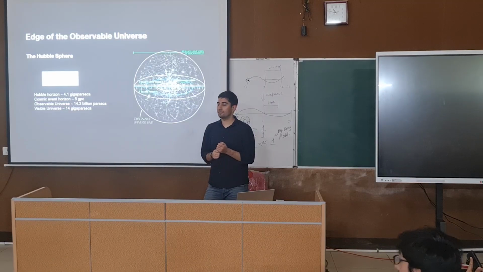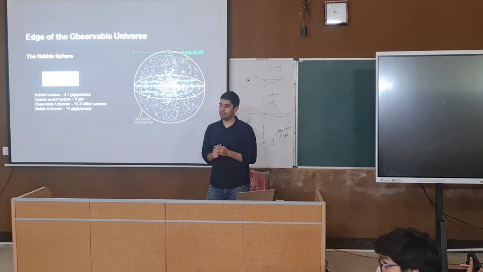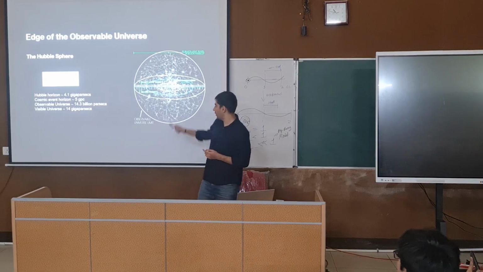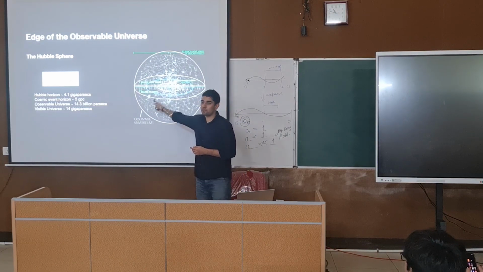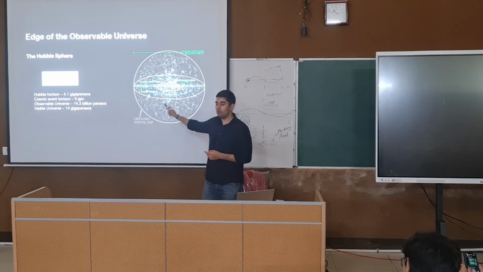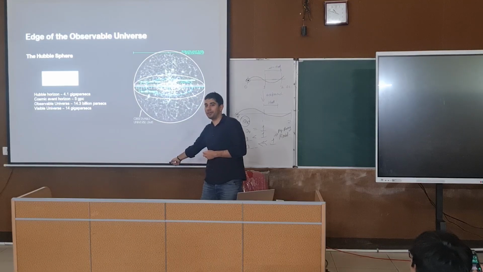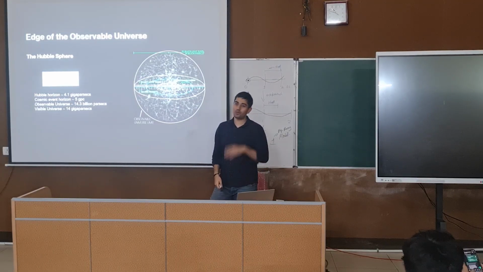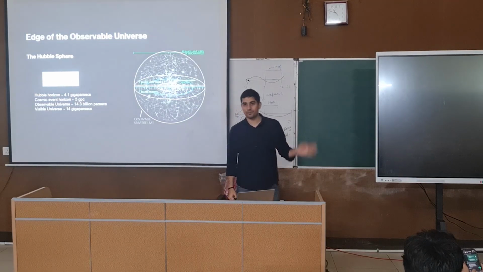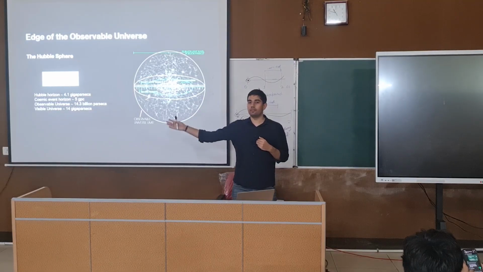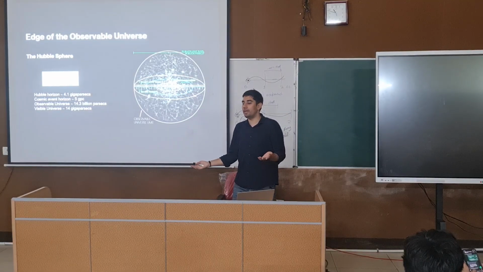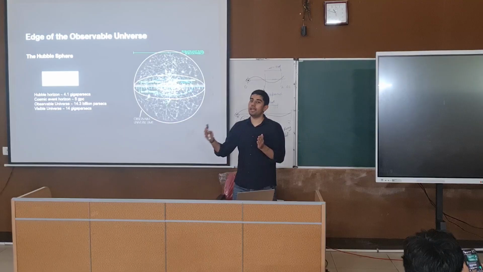Exactly. If you have an observer here, that will also have an observable universe. Now, an observer at the edge of that observable universe also has its own observable sphere, and so it goes on and on. You can actually never think of an end. So there is no real edge to the universe.